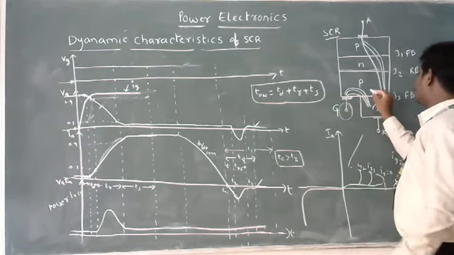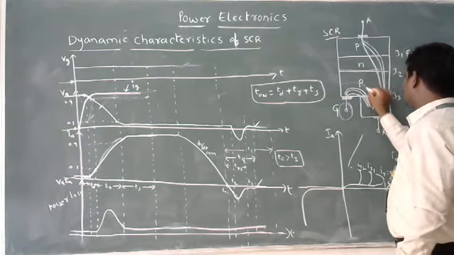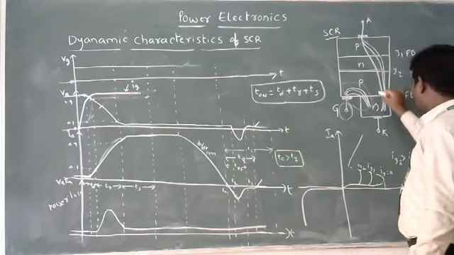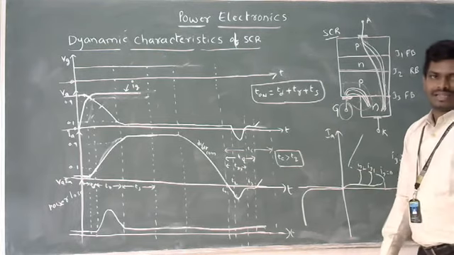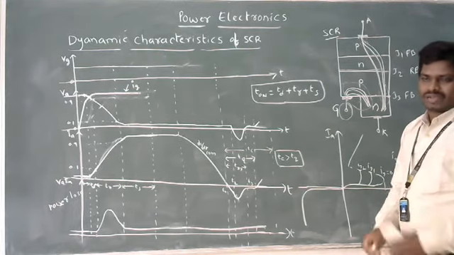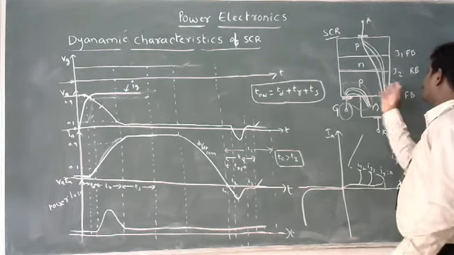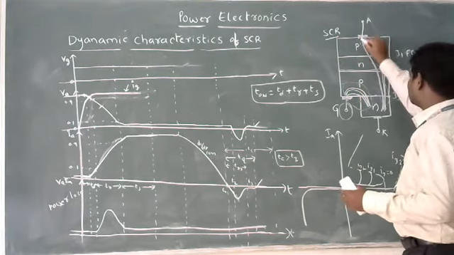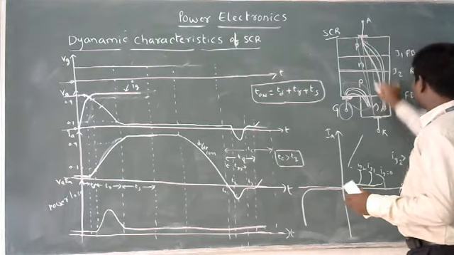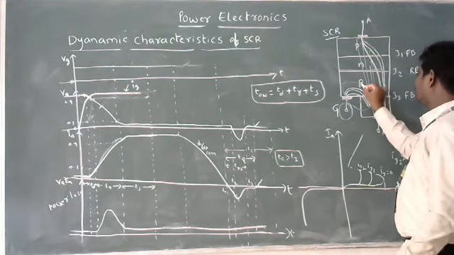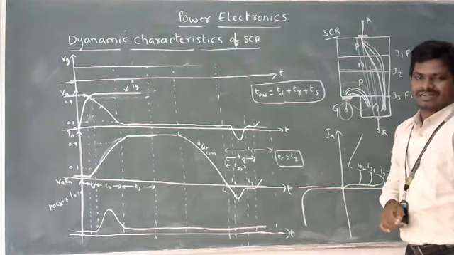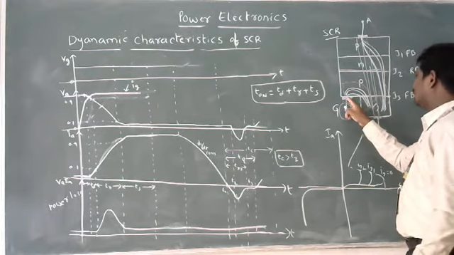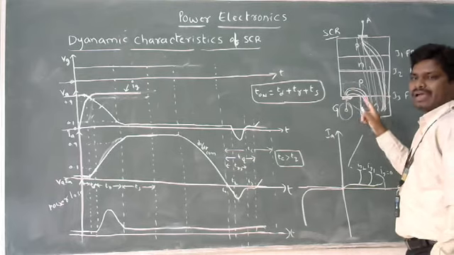This portion is covered by gate current, and this portion is covered by anode current. Now we have to spread the current flow over the entire device. Initially this is the reason the delay time occurs.